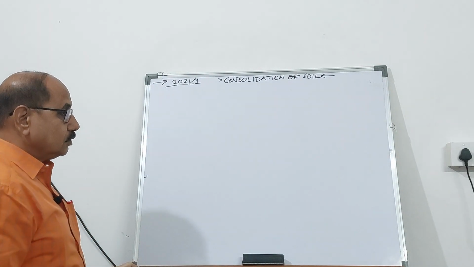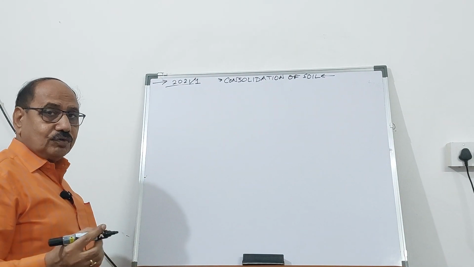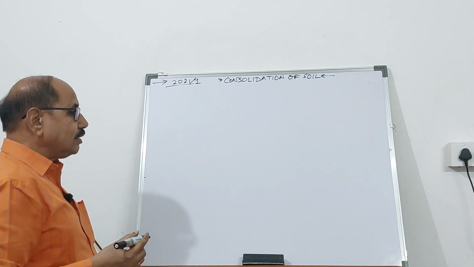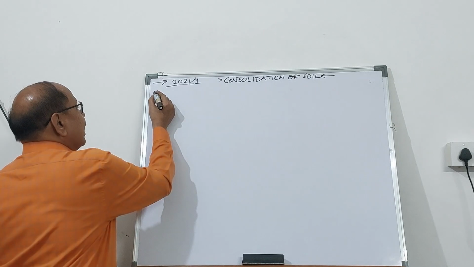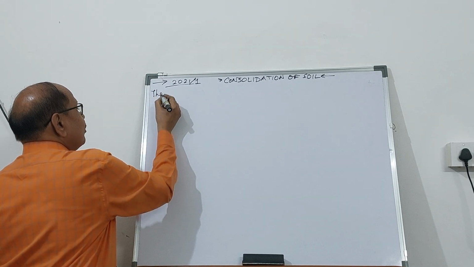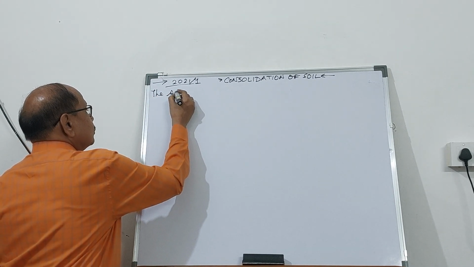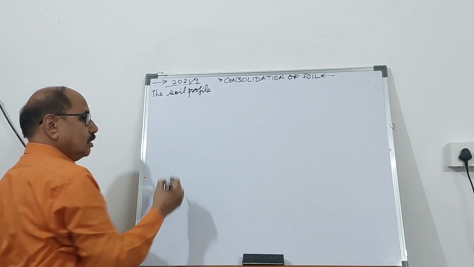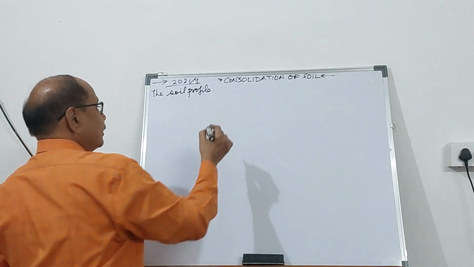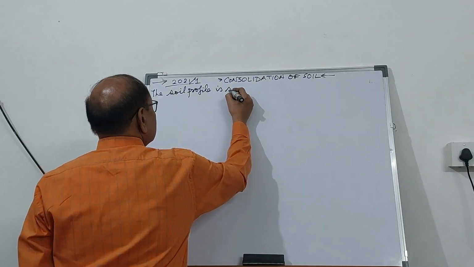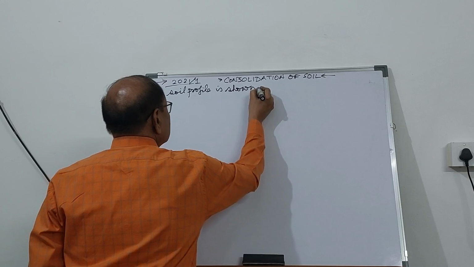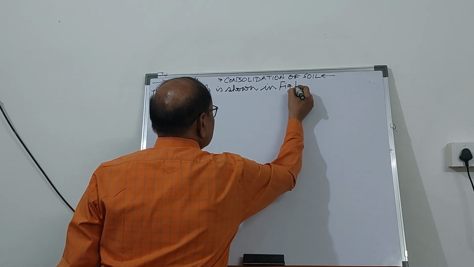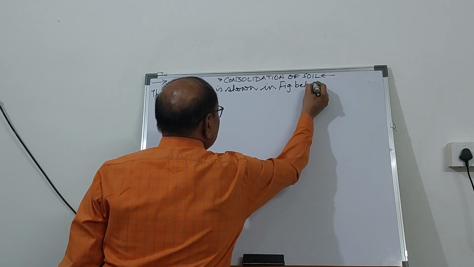This is set 1. So you can see a lot of questions are being asked from the consolidation part. The problem is like this. The soil profile is shown in the figure below.